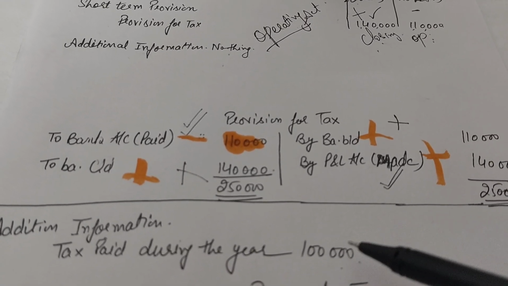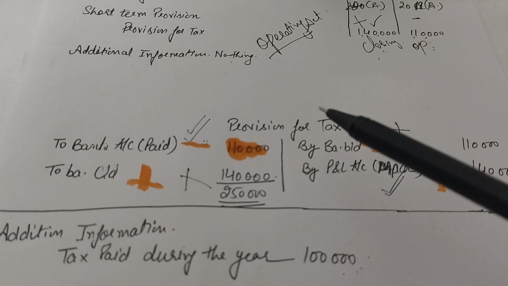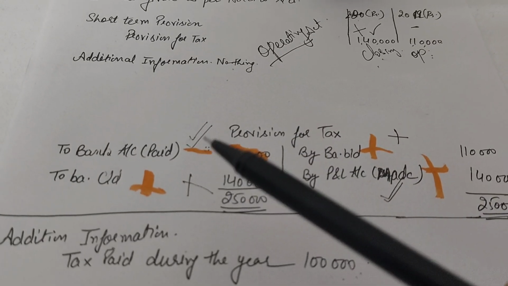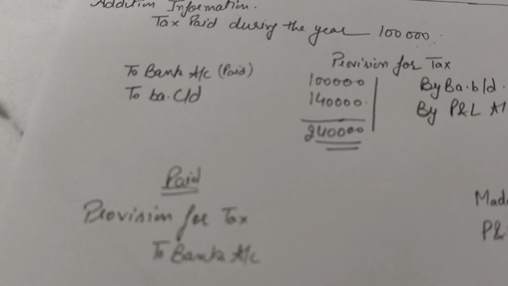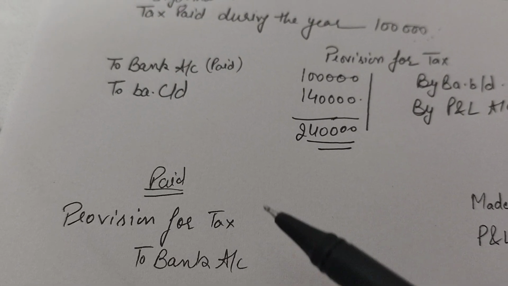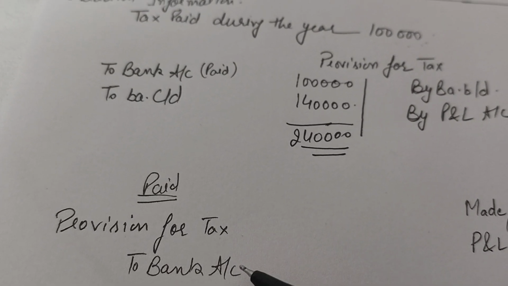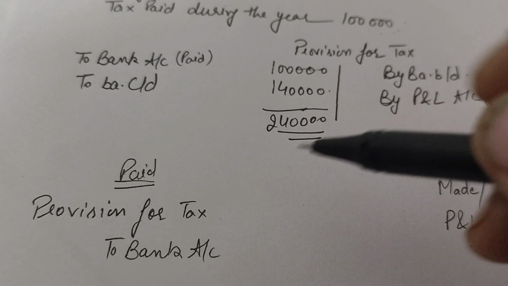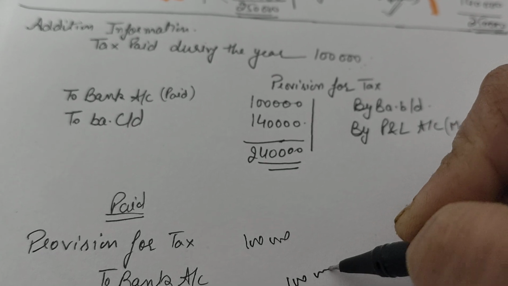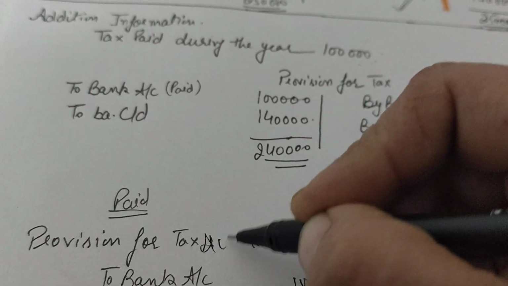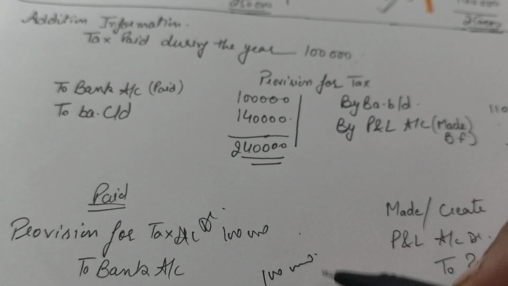So first of all, tax paid means what entry would it have been? Provision for tax account debit to bank account. The entry for the payment of your tax becomes provision for tax account debit to bank account, here with rupees 1 lakh, right? This is given in the question.